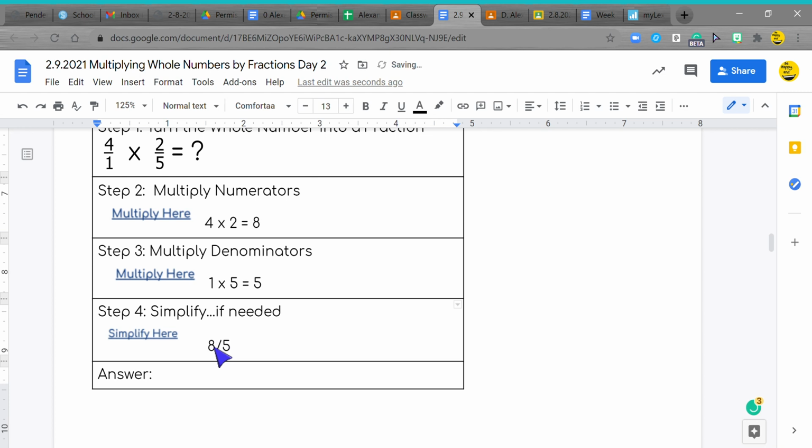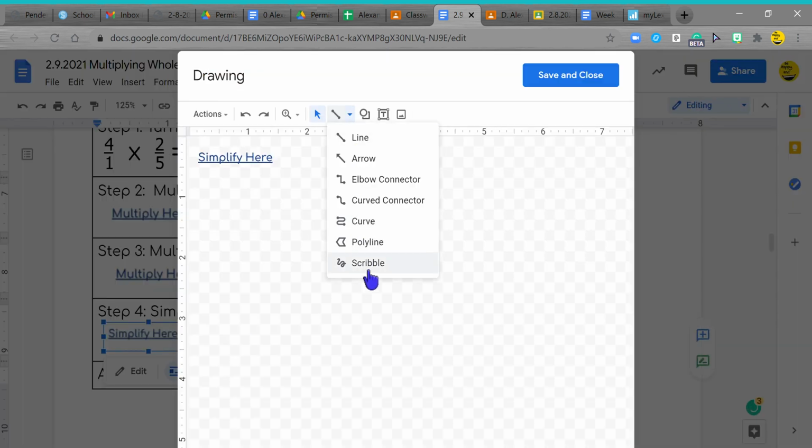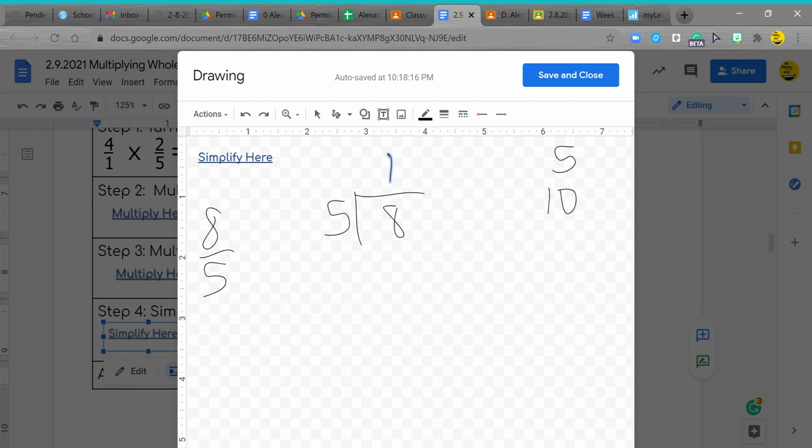Is 8 bigger than 5? Yes, so we need to simplify. We need to turn it into a mixed number. So I'm going to jump right here. We're going to quickly scribble. So I have 8/5. I get my divisor, I get my dividend, I quickly write out my numbers, and once I'm over, I know I stop. I put 1 here because 1 times 5 is 5.